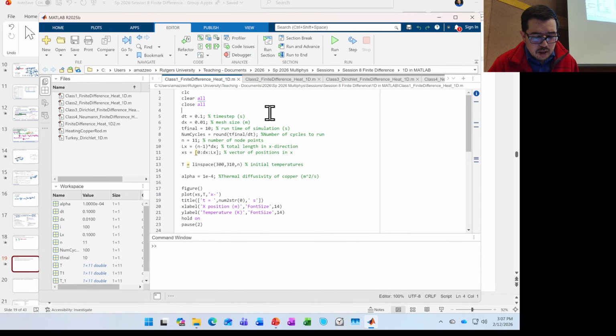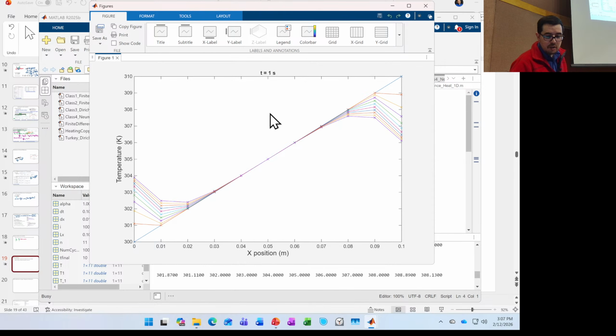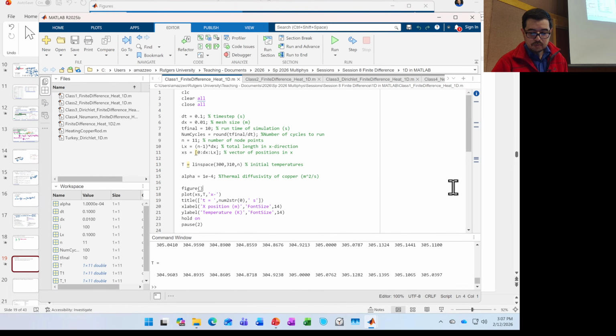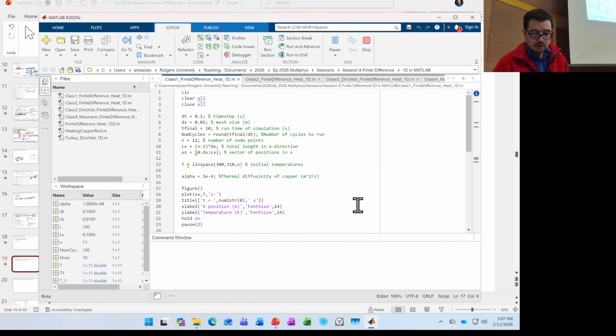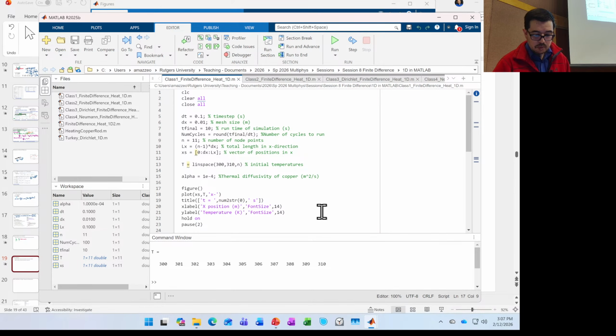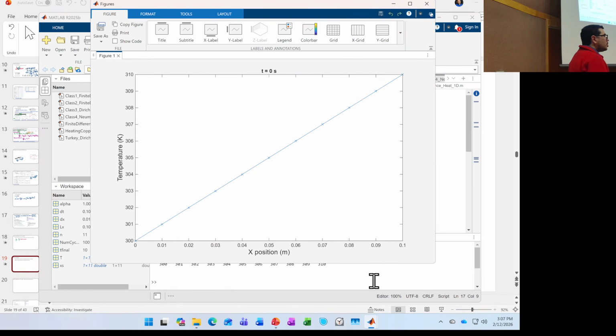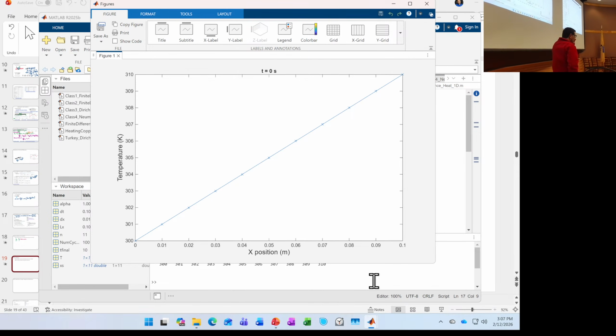All right, so here what we have is a system that starts with a gradient. Okay?